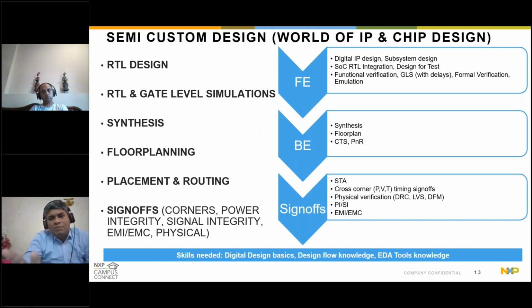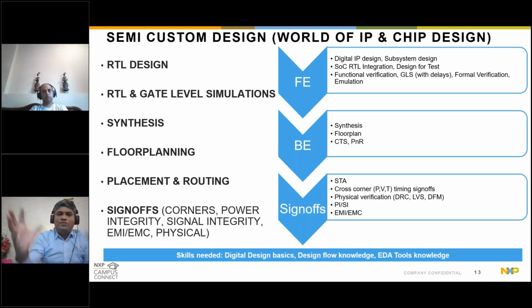There has to be elements of design for test, because testability has to be built in. It cannot be an afterthought. You cannot say, okay, I have designed the chip, now I'll make it testable. No. You have to make your design testable by construct. So that's where DFT comes as a FE element here. Then once you have assembled your RTL, it's time to do a functional verification.